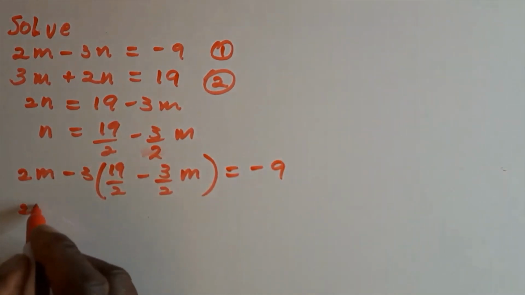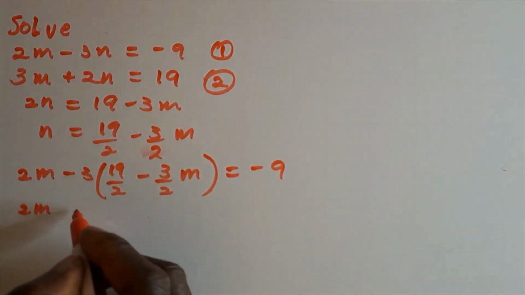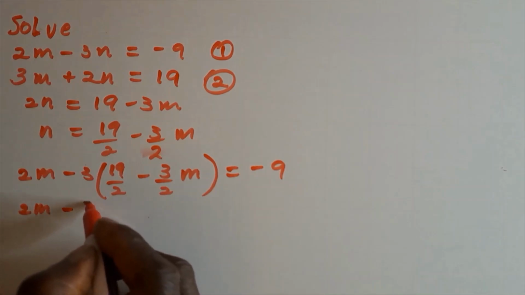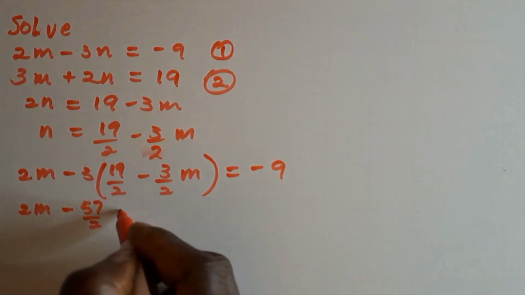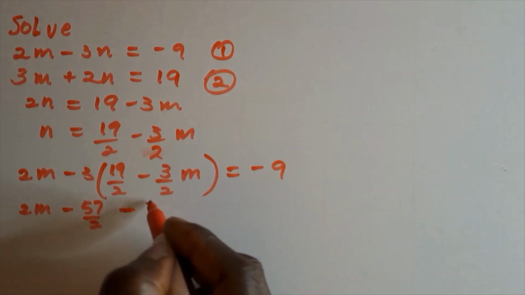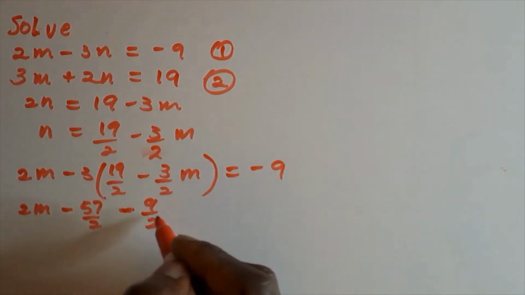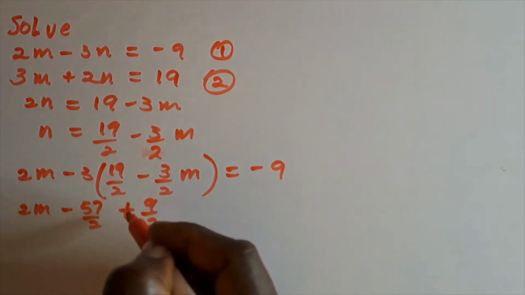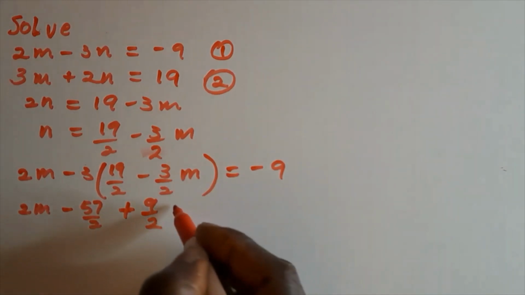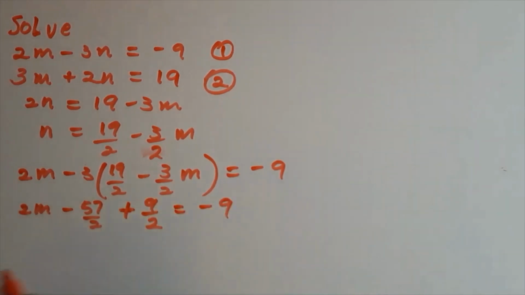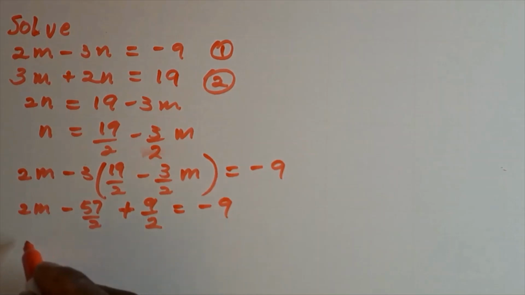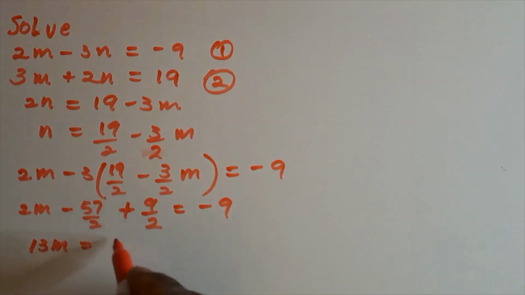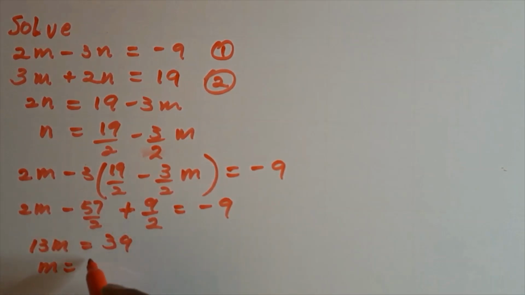This will give us 2m minus 57 over 2, in fact, add 9 over 2m. That's equal to negative 9. And this simplifies to give us 13m is equal to 39, and m is equal to 3.